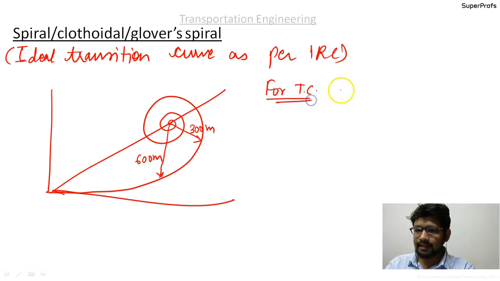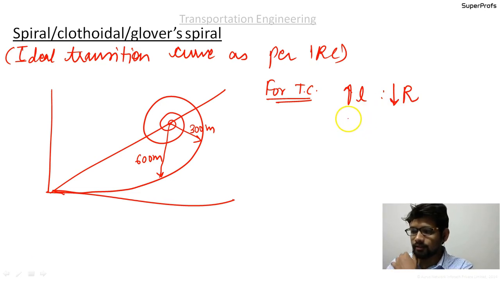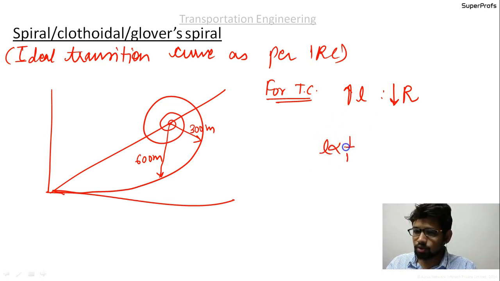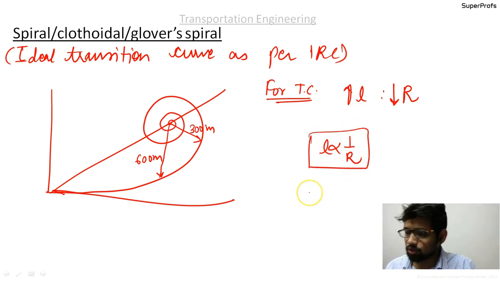For a transition curve, as length increases, the radius decreases. Length is directly proportional to 1 by r, or you can say radius is inversely proportional to length.